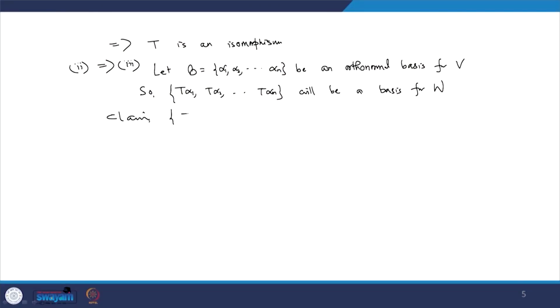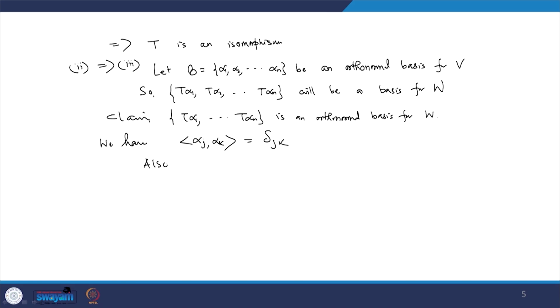Claim: T alpha 1 to T alpha n is an orthonormal basis for W. We have inner product of alpha j and alpha k equal to delta j k, and we know also that delta j k equals inner product of alpha j and alpha k, which is also equal to inner product of T alpha j and T alpha k.